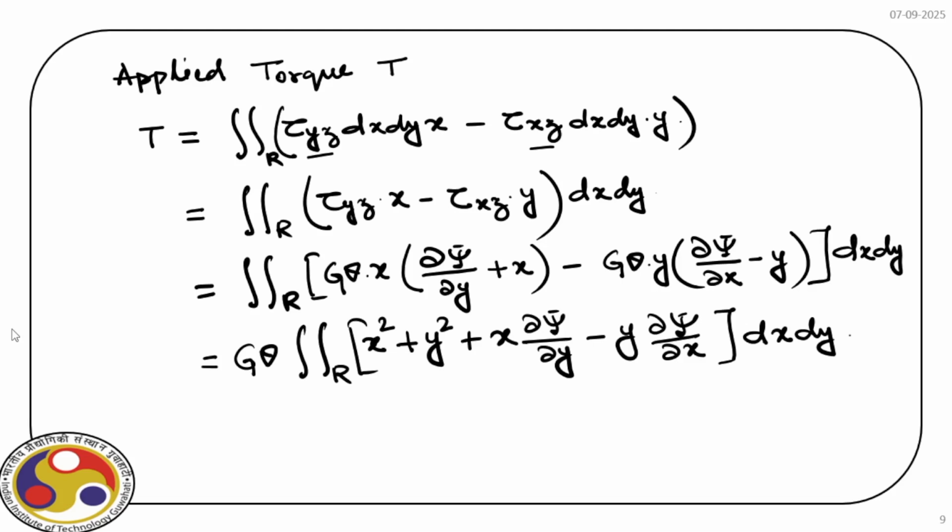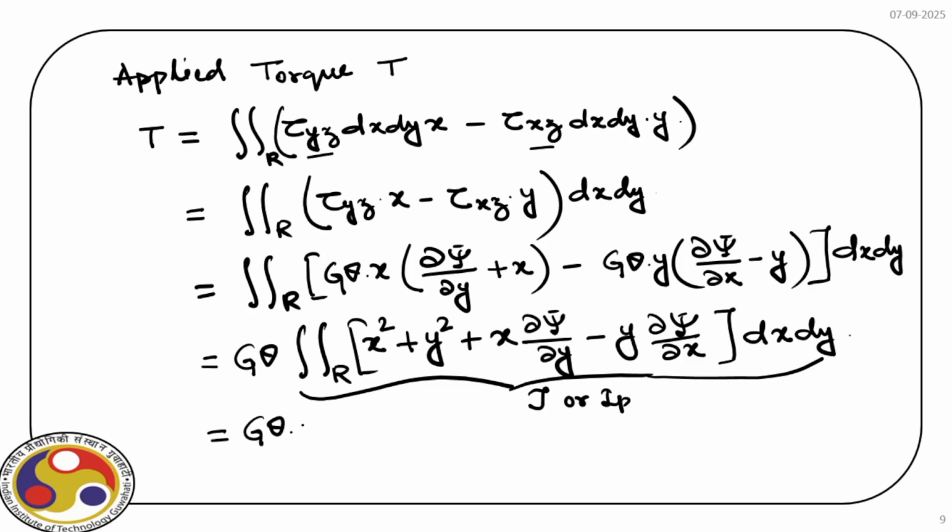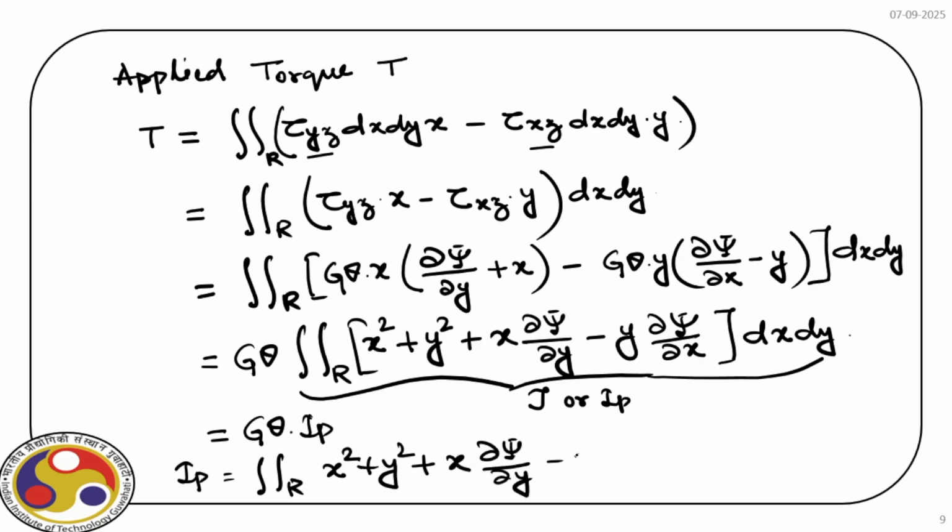So now you can easily identify the term here within this double integral, and this is nothing but the polar moment of inertia, J or IP, whichever way you call it. Probably we used IP earlier. So G theta times IP. What is IP? IP is equal to double integral of x square plus y square plus x dou psi dou y minus y dou psi dou x, dx dy.